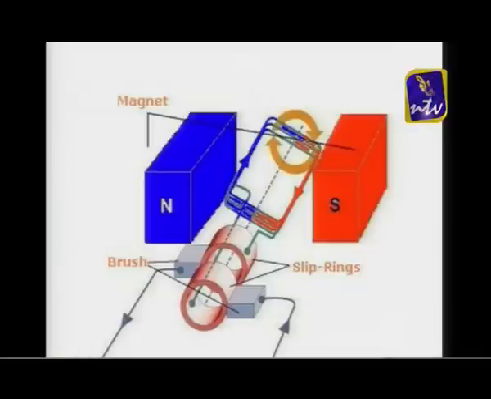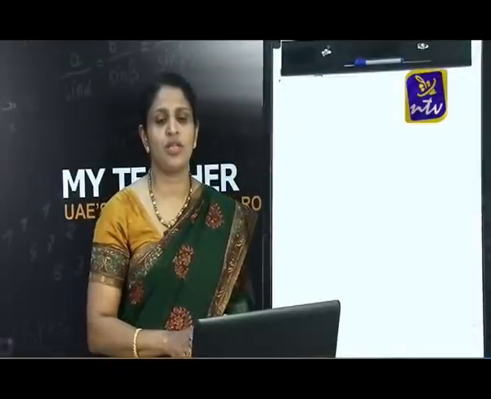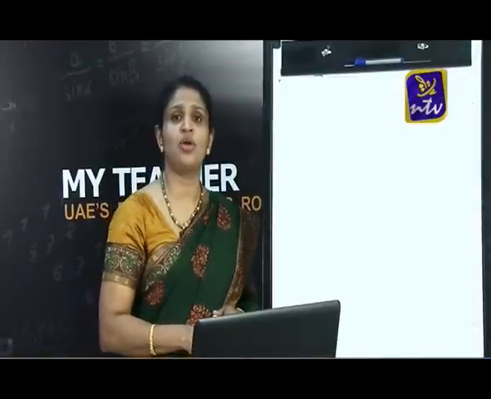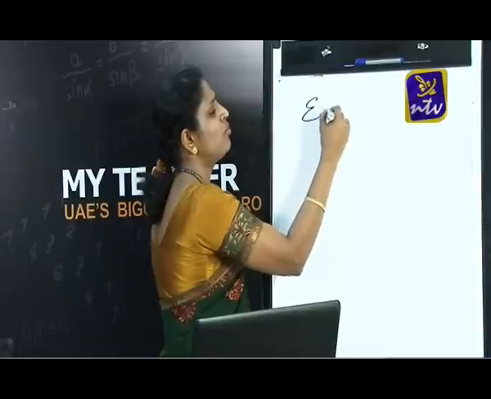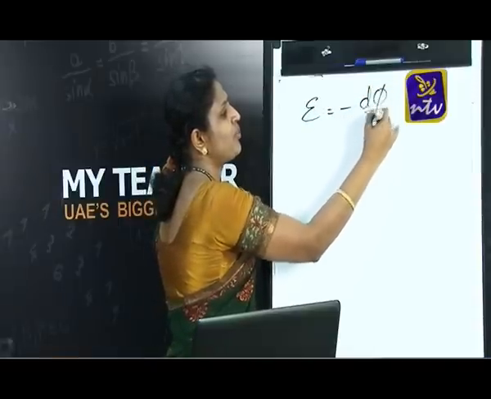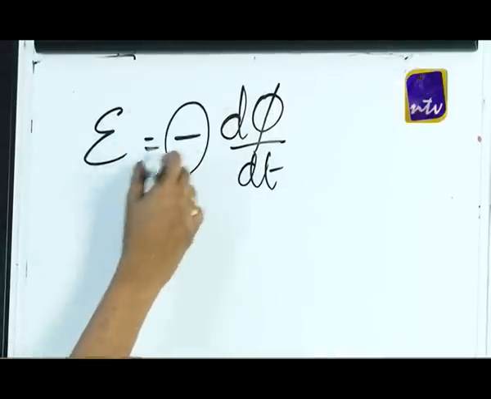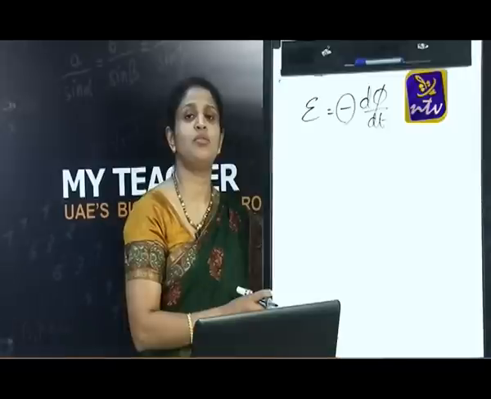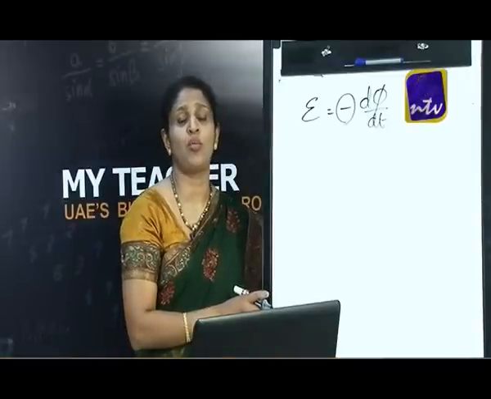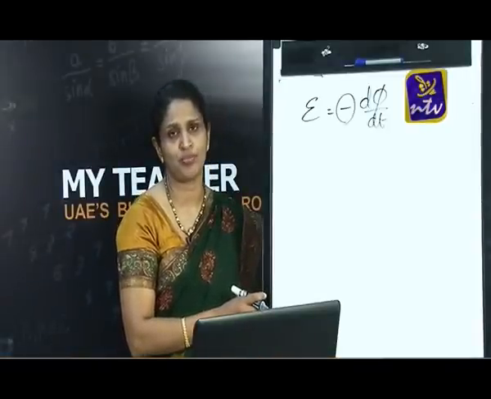Now we will come back again to see that according to Lenz's law, I explained to you that the EMF induced is equal to minus d phi by dt. What is the significance of this negative sign? Why is this negative sign being given? Why is the EMF opposing the cause that produces it?